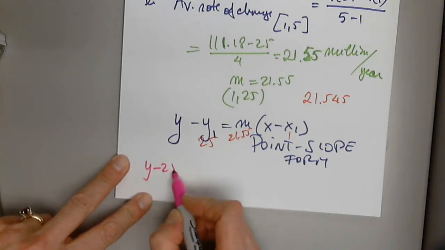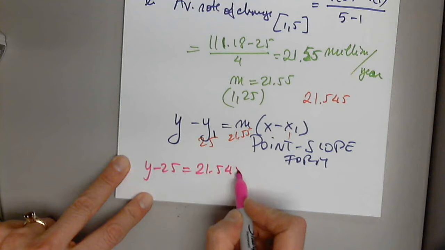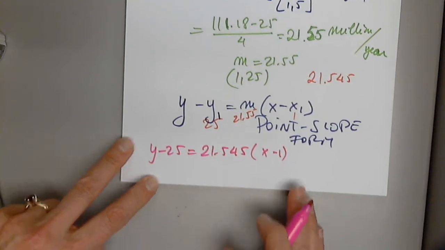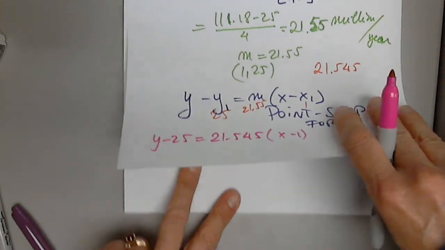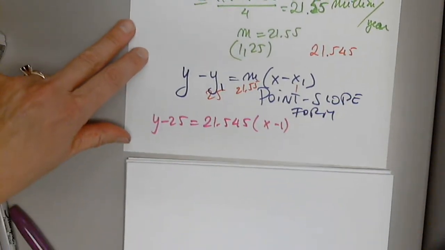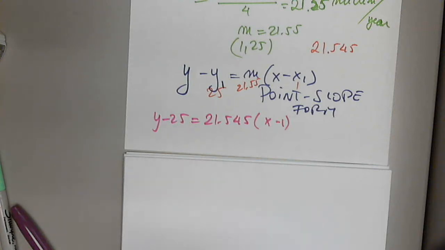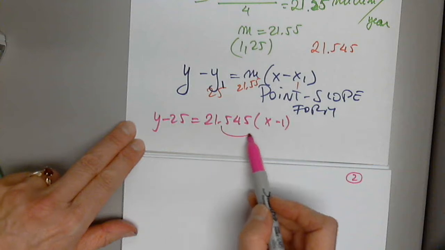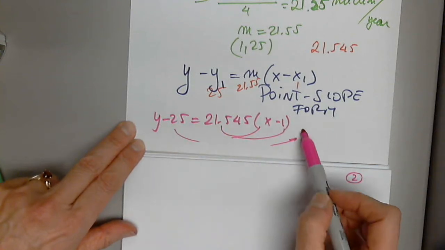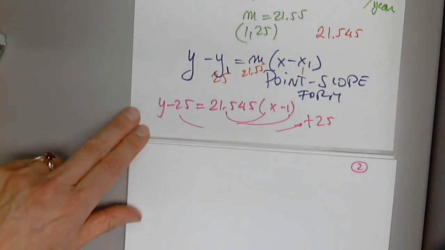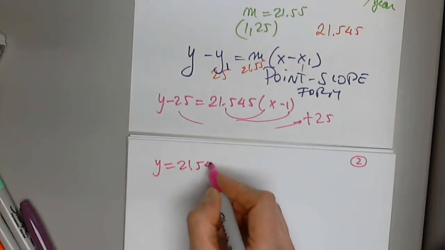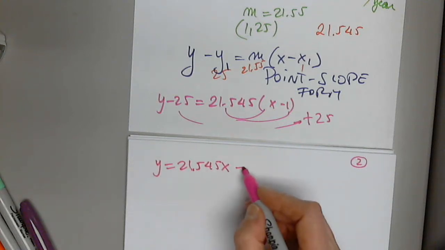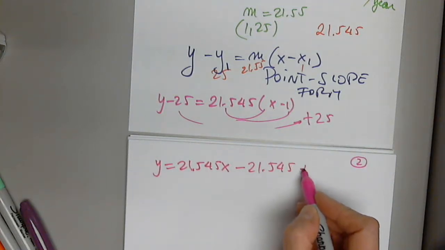So then y minus 25 equals 21.545 times x minus 1. Let's solve for y. We distribute 21.545 to x minus 1 and then add 25. Is everyone with me? I'm distributing here and then I'm adding 25 to both sides. So y equals 21.545 x minus 21.545 plus 25.